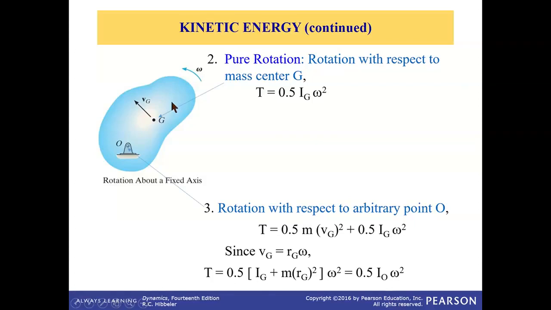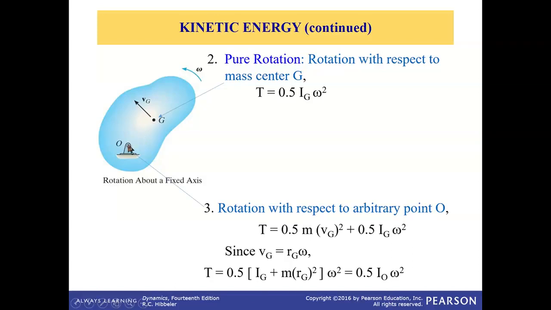But for the same rigid body, if it rotates with respect to an arbitrary point O, which is some distance away from its mass center, then this rigid body has both two terms in its kinetic energy. One is 1/2 Ig omega square, plus the second term is 1/2 m Vg square, where Vg is the linear velocity of the body's mass center.